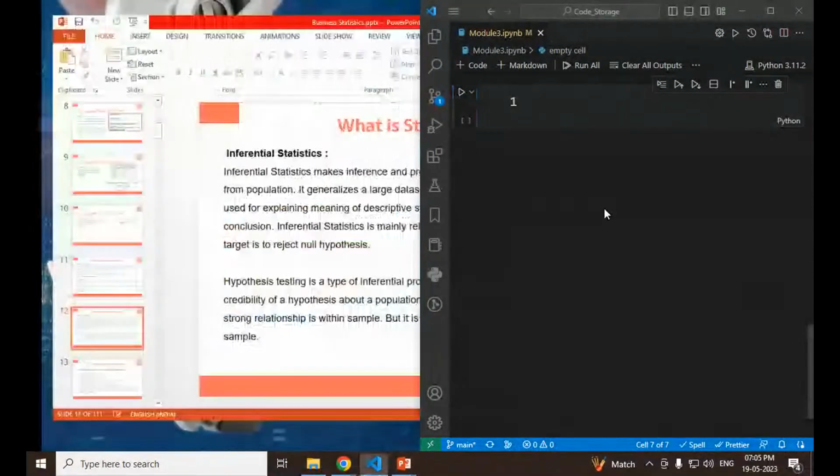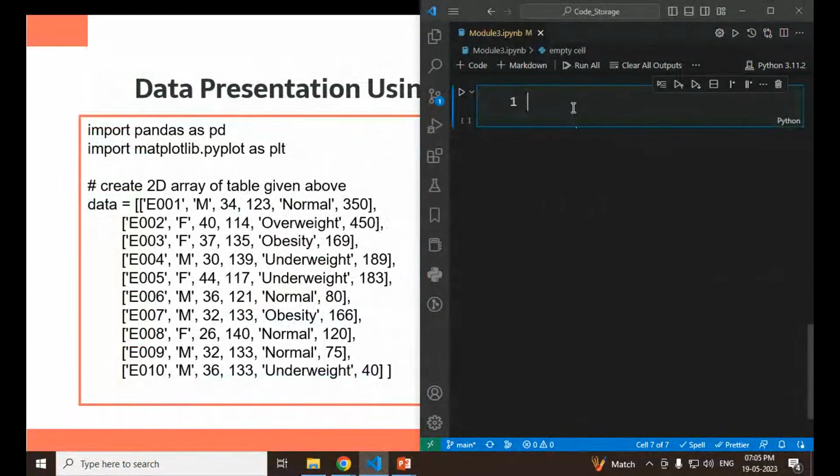Okay, we want the data being displayed. So firstly, two libraries we wanted to import. The names are pandas and matplotlib. Firstly, we have pandas being imported.